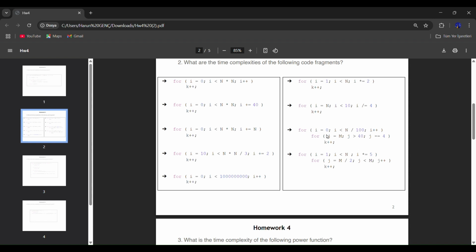The inner loop starts at m and decrements by 4 each iteration. The total iteration of O(n) times O(m) is O(nm), complexity of O(nm).